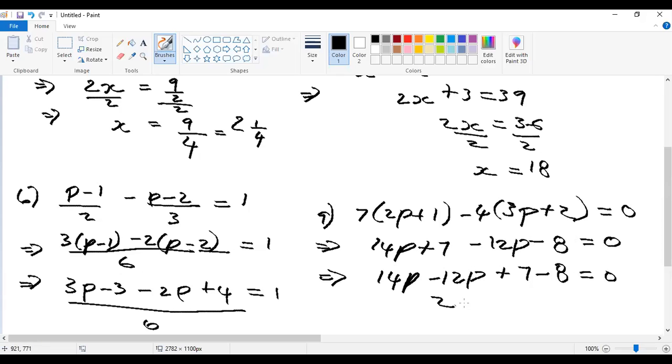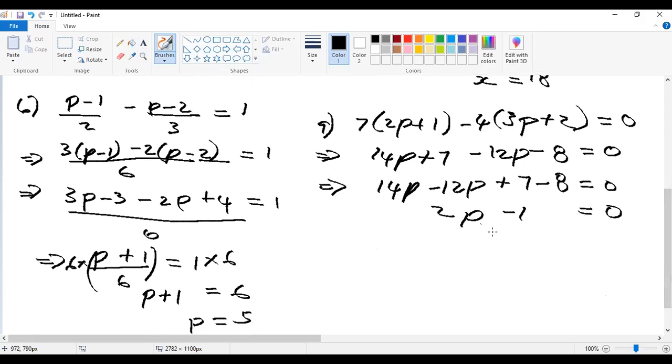So this becomes 2p minus 1 is equal to 0. So from here, you add 1 to both sides, right? And then divide both sides by 2. P becomes a half. That one, not too bad as well.